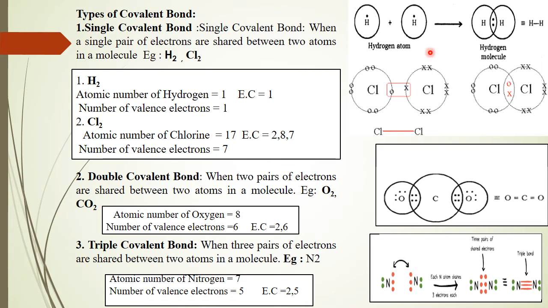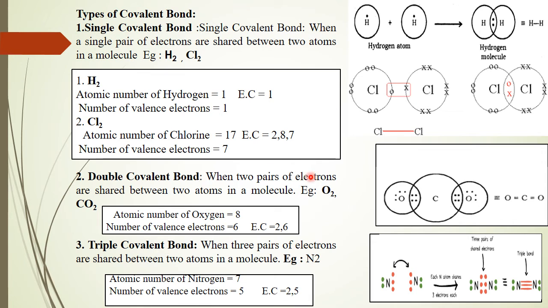Here also 7 electrons. The 1 electron is being shared, forming 2, 4, 6, 8. This chlorine atom has attained stability. This one also has 8 electrons. So they have shared 1 electron. So this is an example of a single covalent bond, one single line.